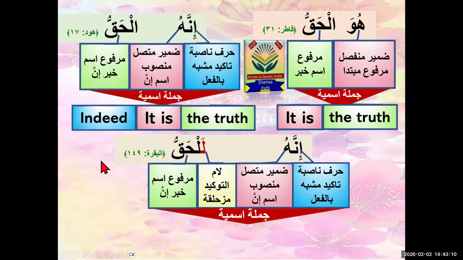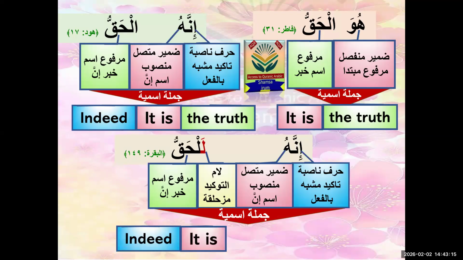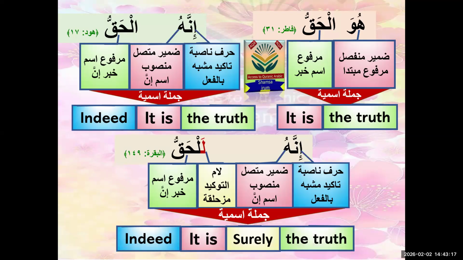And now we will create two emphasis in it, so we will say, indeed it is surely the truth, certainly the truth. This is the reason we create double emphasis in jumla ismiya, because of the two particles of emphasis in the ayah.